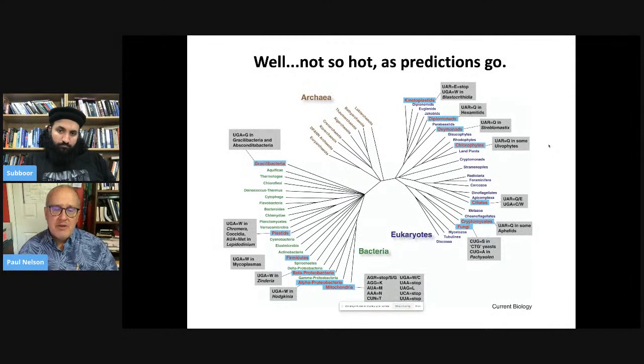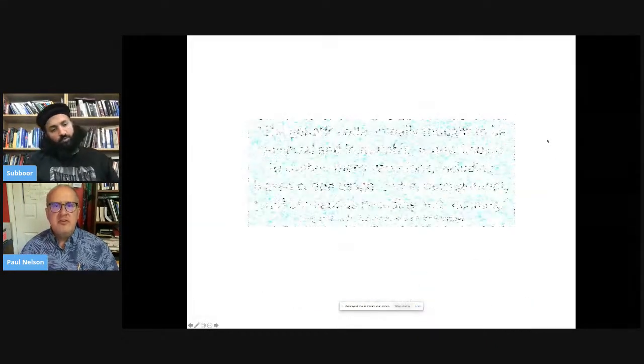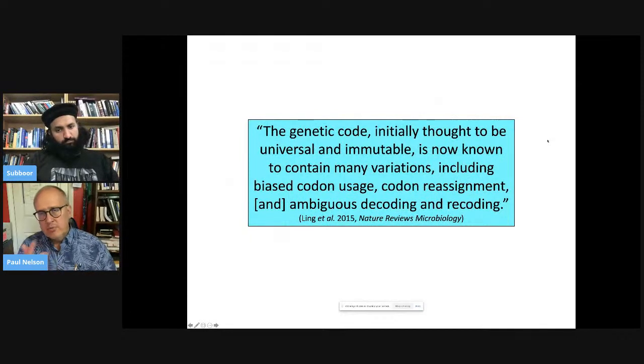In fact, there are so many variant codes that if you are working with a group that has a variant code, like ciliated protozoa, Tetrahymena, for instance, illustrated here on this cladogram, you need to go to the NCBI, which I'll show in a moment, the NCBI page where the variant codes are listed, so that you won't make a mistake if you are reading from DNA sequence data and trying to predict protein structure.